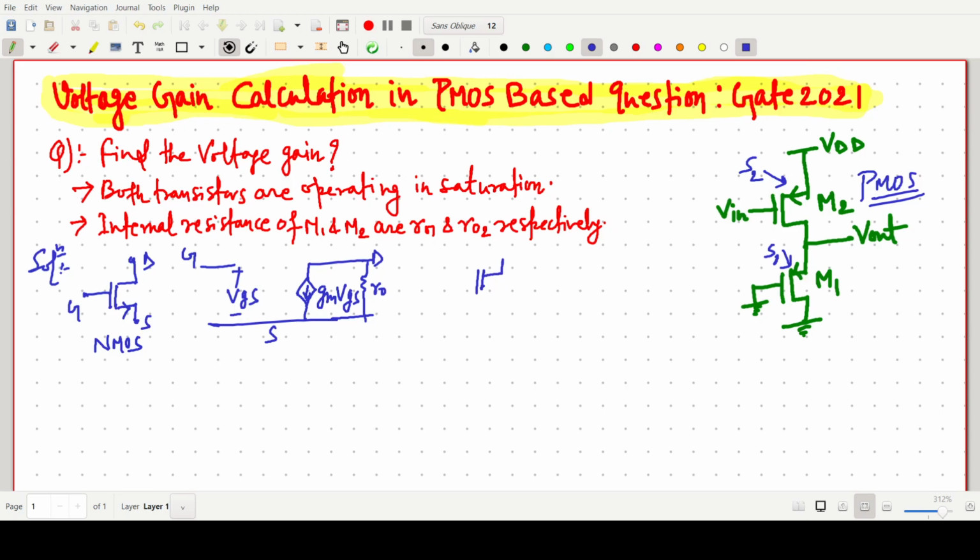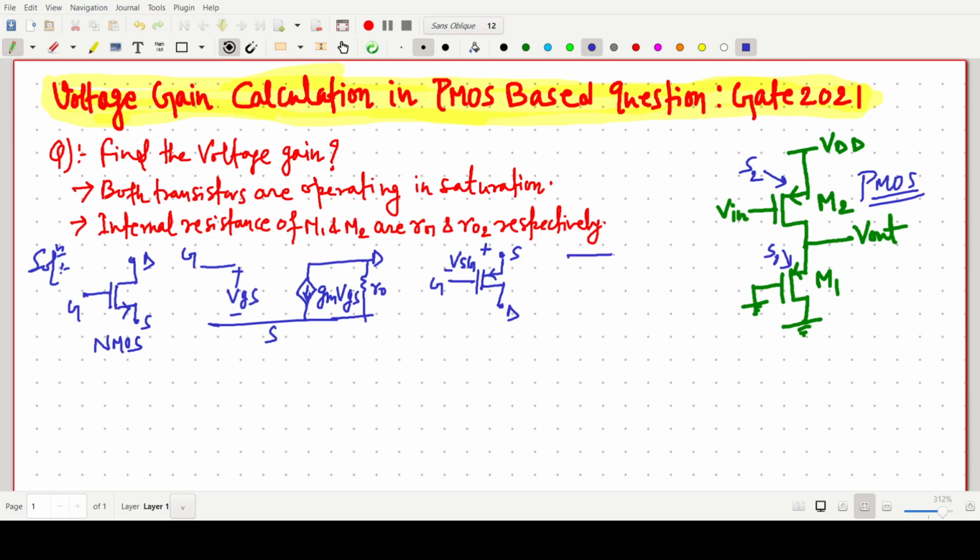Now for the PMOS, in PMOS the arrow will be inward. So this one is again gate, this one is drain, and the arrow shows the source, so it should be plus and minus. So we write it as VSG.